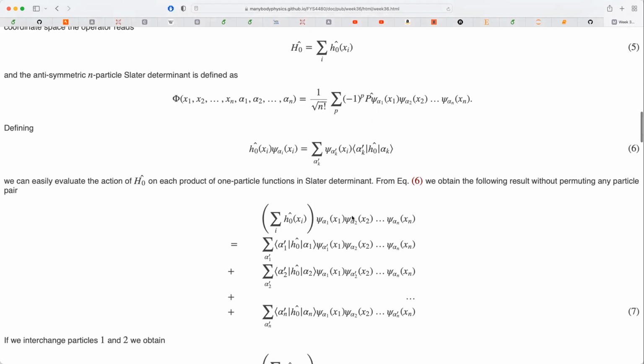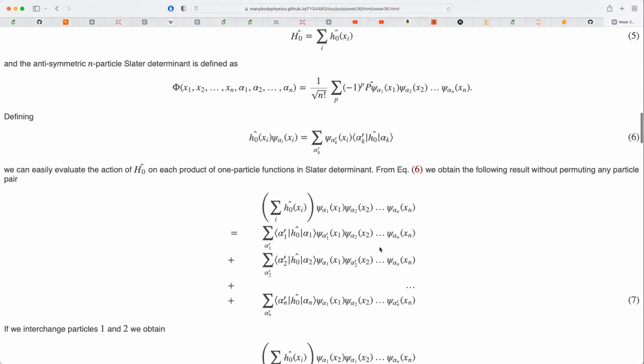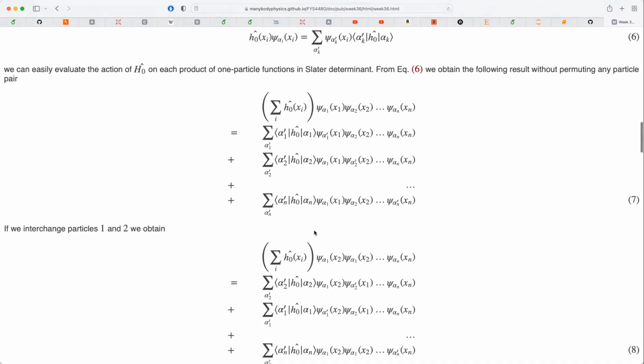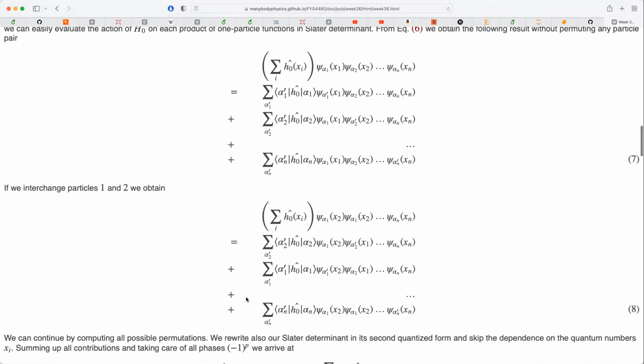And then what we have to do now is simply to run through this sum of the parameters alpha k here. So we have picked up an alpha 1. This gives us these matrix elements, and then we have the product of all these single particle wave functions. And when we now interchange particle 1 and 2, if we do that in the specific sums, we would get a sum which looks like this.